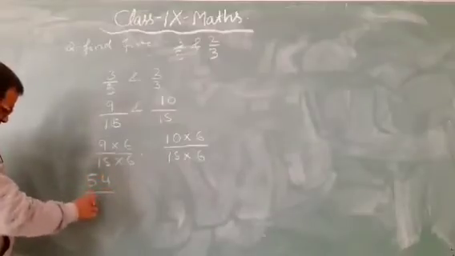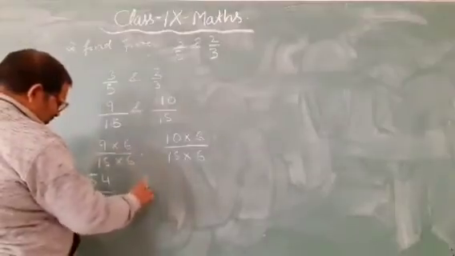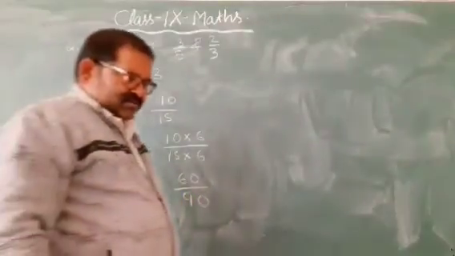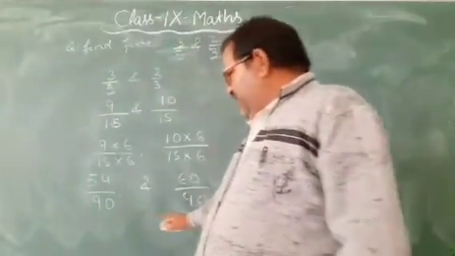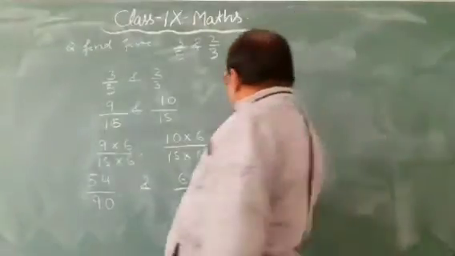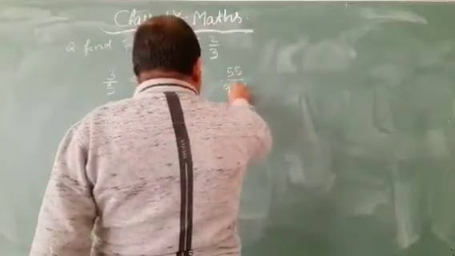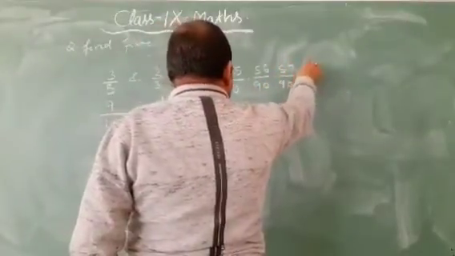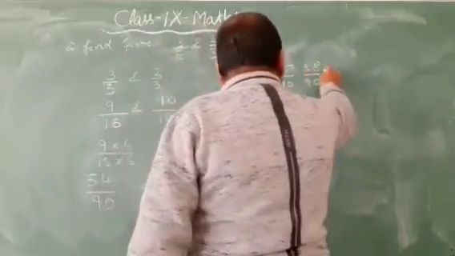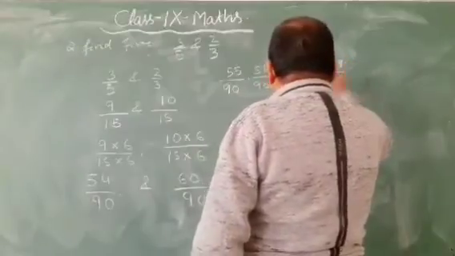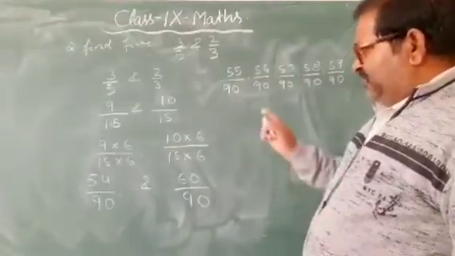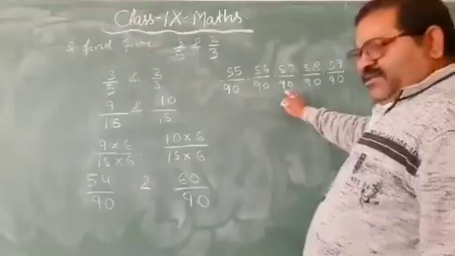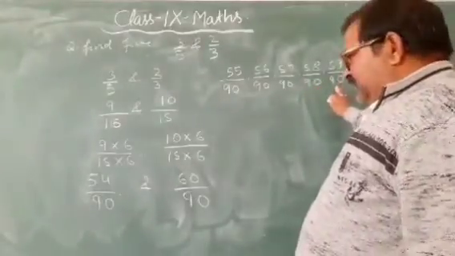54 upon 90 and 60 upon 90. The numbers between these numbers, between 54 and 60: so 55 upon 90, 56 upon 90, 57 upon 90, 58 upon 90 and 59 upon 90 are the 5 rational numbers between the given numbers.